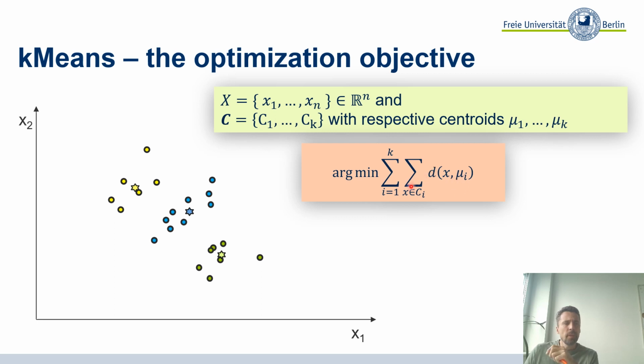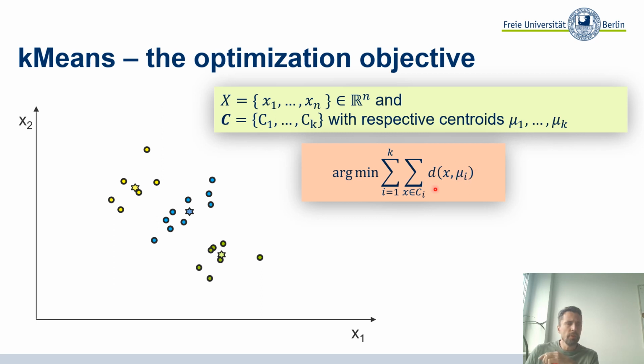Well, we iterate over all the k clusters, and within each cluster we look at all the points in a cluster and compute the distance to the cluster center, to the centroid mu i.